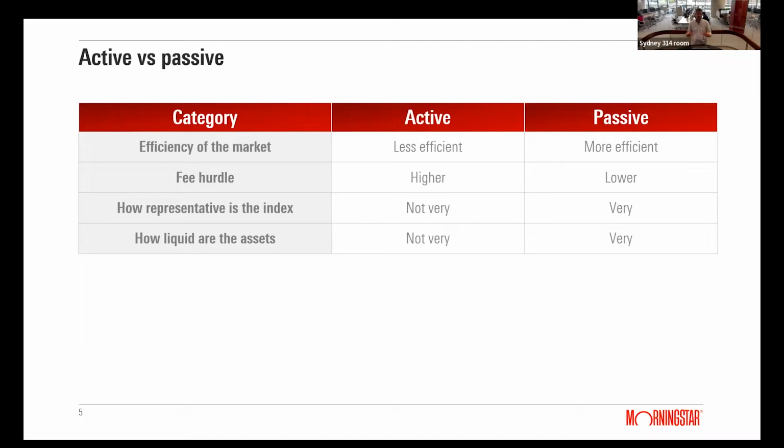So obviously we want to look at the fee hurdle, right? And so we're paying a lot more for active. How representative is the index? Basically, how representative is the index means if we are looking at the overall opportunity to invest, does the index make up a large amount of the securities that are out there?